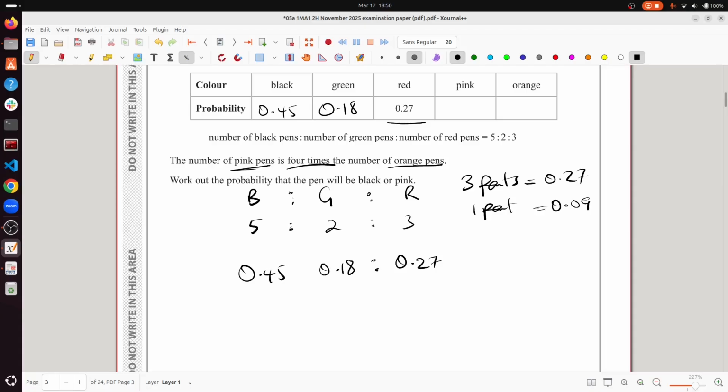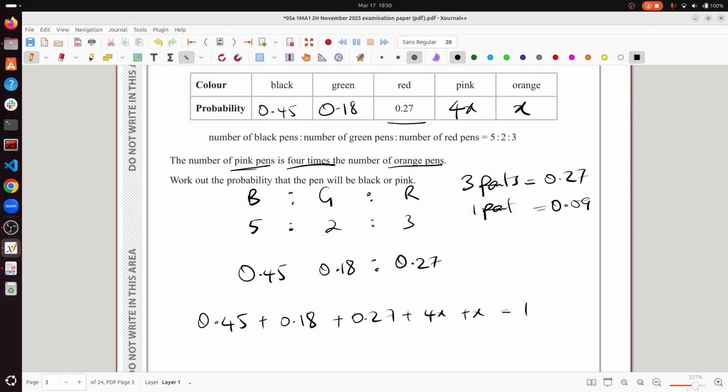And the next statement says the number of pink pens is 4 times the number of orange pens. So for pink pens, it's 4 times the number of orange. So if x is for my orange, that means pink should be 4x. So we have 0.45 plus 0.18 plus 0.27 plus 4x plus x should give me 1.